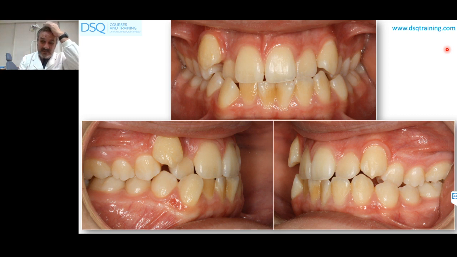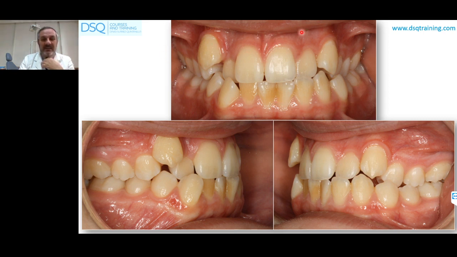The treatment of this patient with extraction is a little bit difficult because the patient presents a shift of the upper midline to the right and a shift of the lower midline to the left.